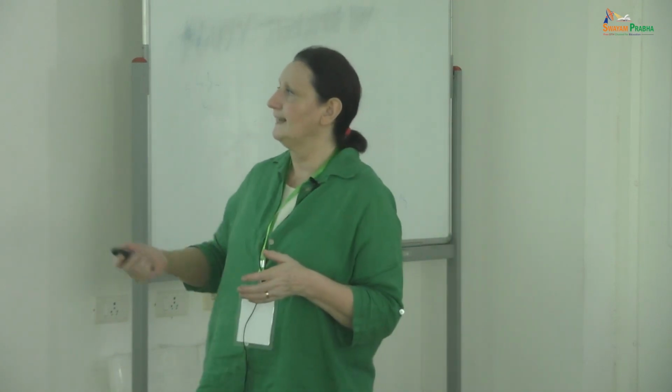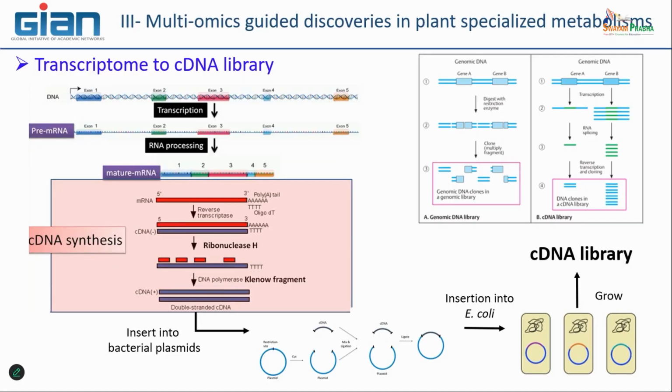So in a cDNA library, you may have more prokaryotic cells that have exactly the same cDNA in their plasmid, while some are represented only by one or two cells. This reflects the different amounts of expressed genes in the cell.